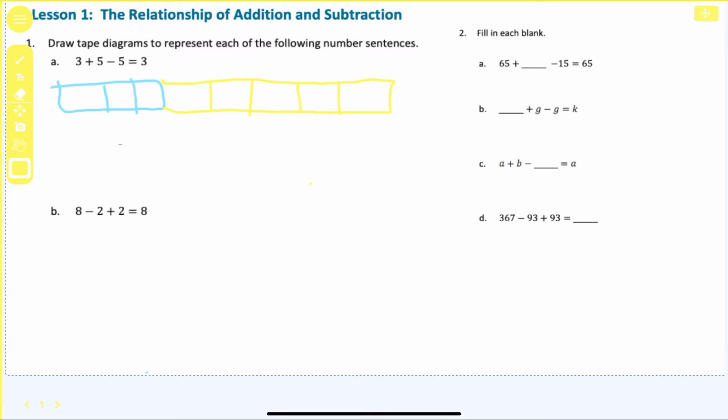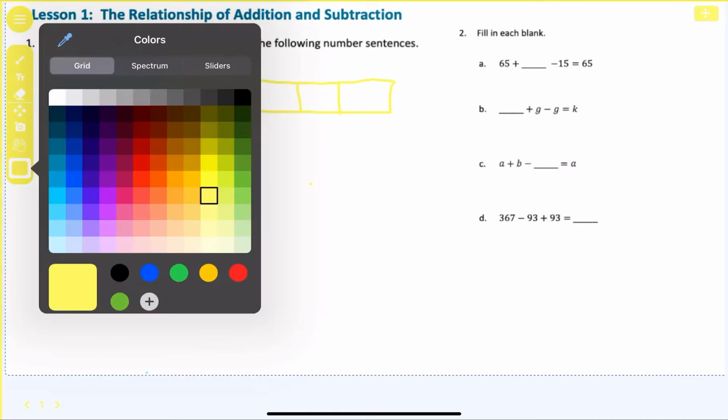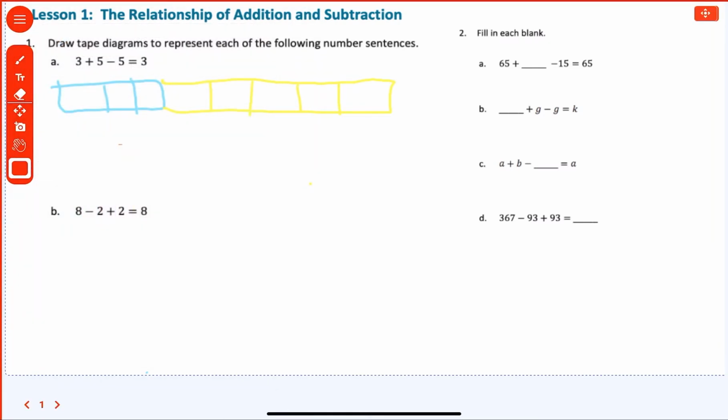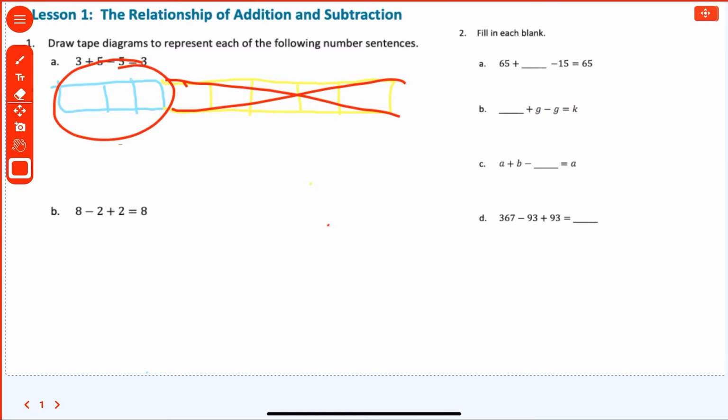But then it wants us to take 5 away. So what do we end up with? The 3 that we began with. There's our answer. Super simple, right? 3 is our answer, right?